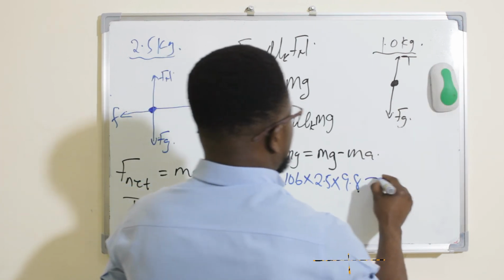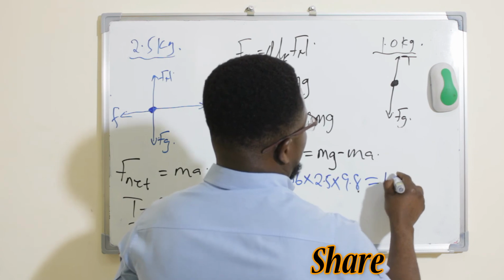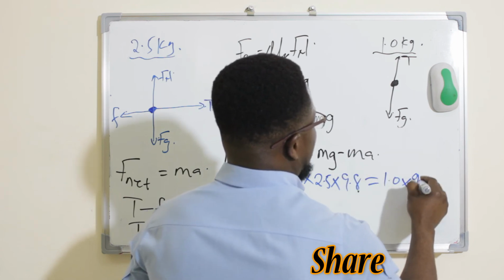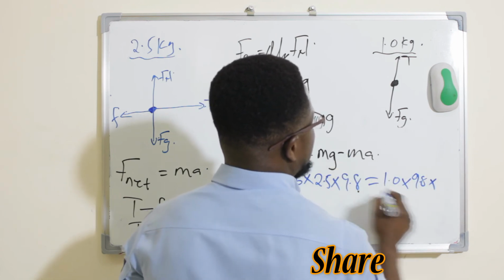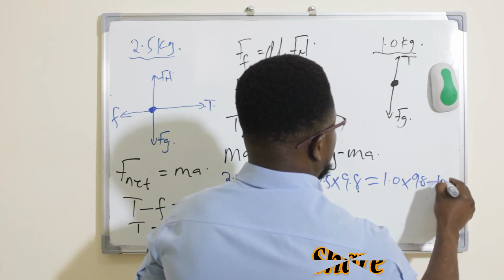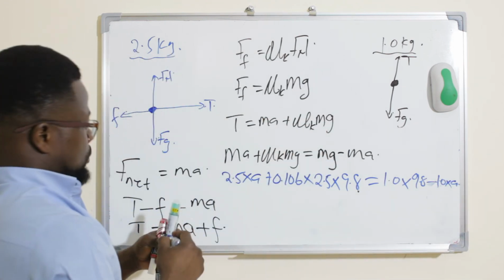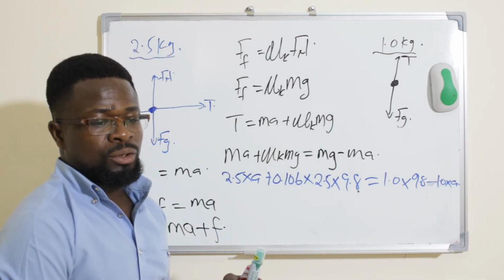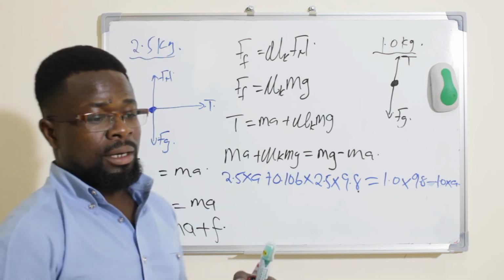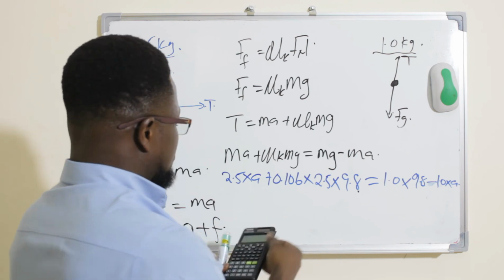All these must be equal to the mass here, 1.0 multiplied by 9.8, minus 1.0 multiplied by the acceleration. So let's multiply all these together, and we will make use of the calculator to do that.